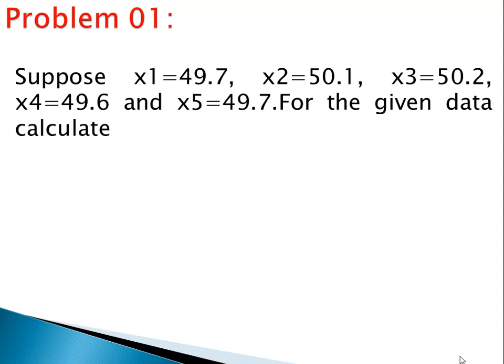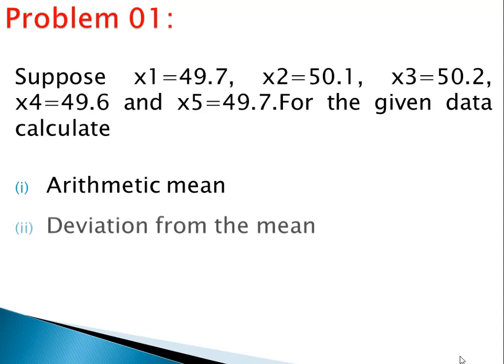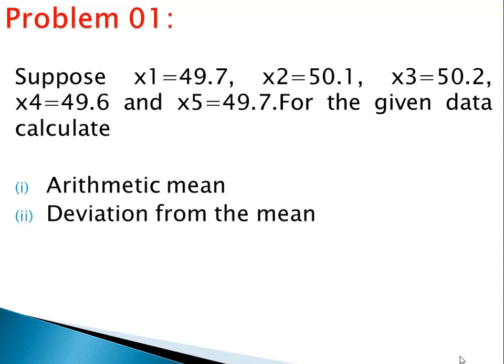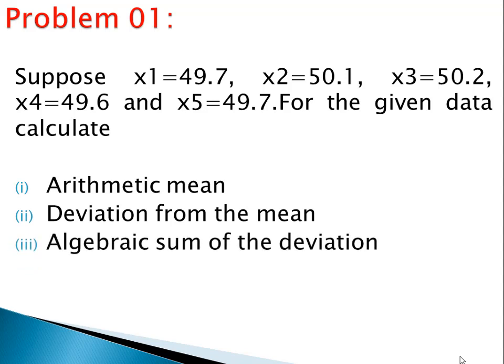For the given data, calculate first the arithmetic mean. Next, you have to calculate deviation from the mean, and last one is algebraic sum of the deviation. In the last class, we know these three terms, so we will solve one by one.